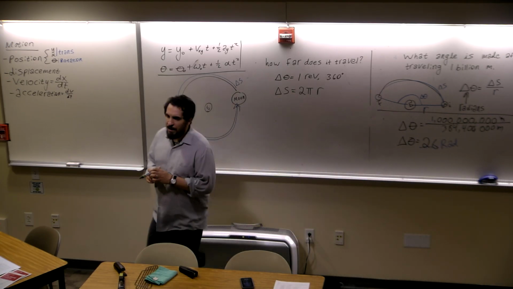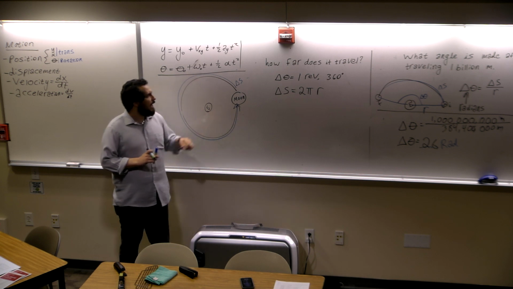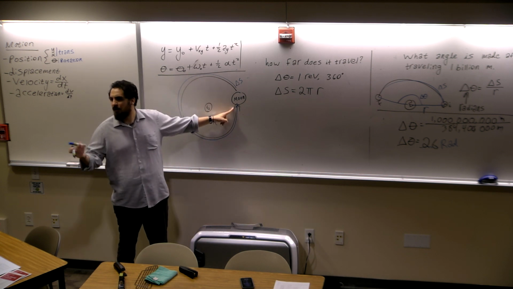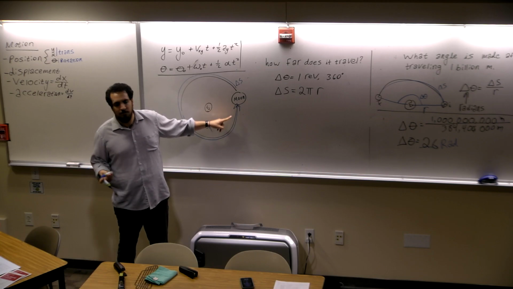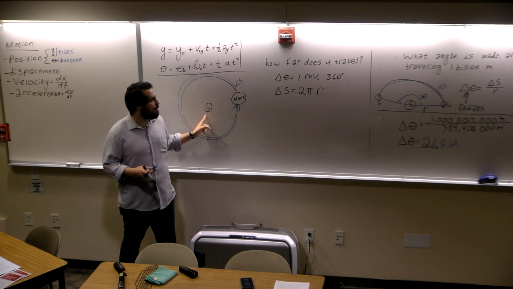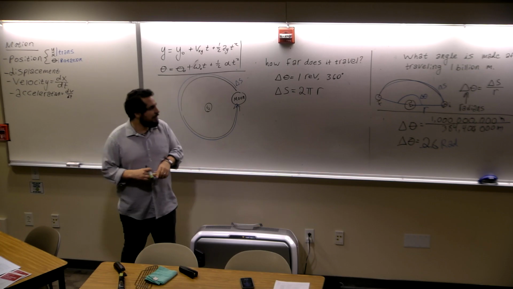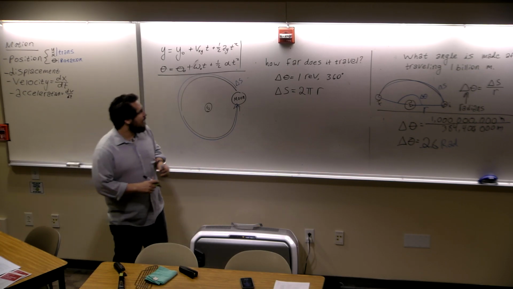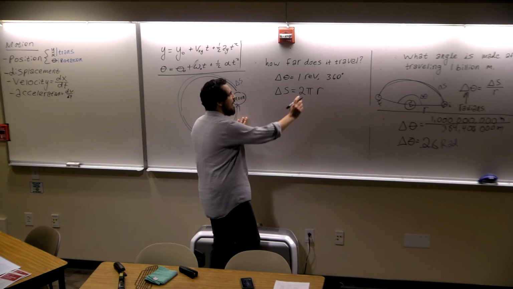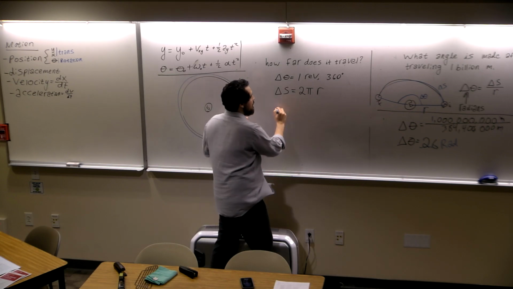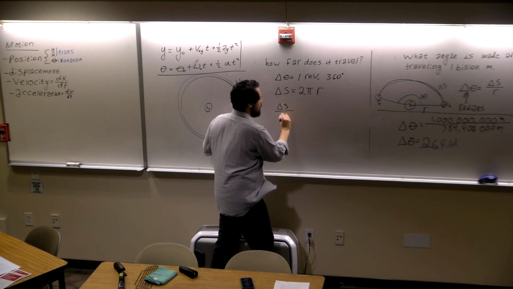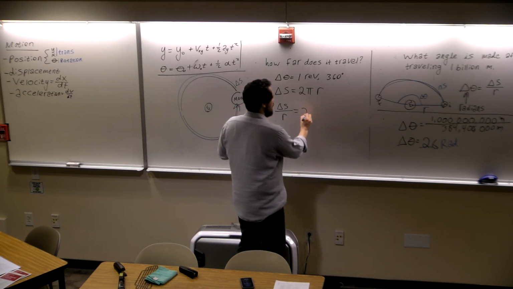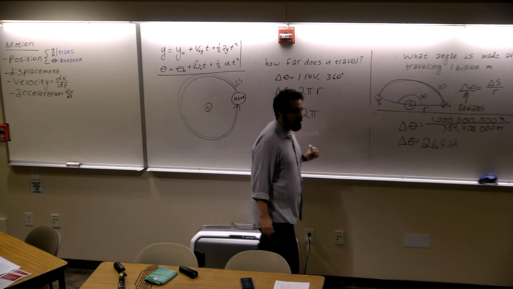All right, we come back here, and we look at this and we say, okay, well, we travel some delta S. We calculate that out to be about 2.5 billion meters. We have some radial distance of 384 million meters. And then we ask the question, okay, well, what is the ratio of delta S to radial distance? Well, algebraically, that's just going to be 2 pi, right?